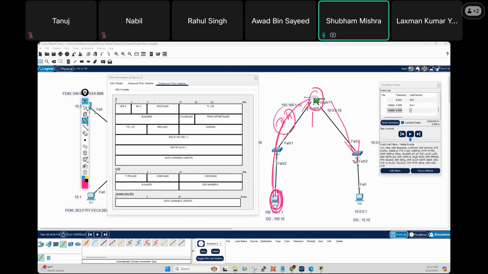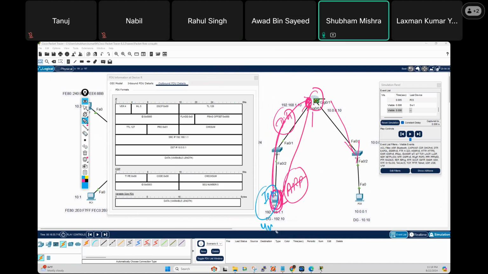Getting my point, everyone? Again, I am telling you. The first time you write the ping command, this PC generates the ARP packet. It is the responsibility of ARP to find out the MAC address of this interface and inform this PC. So this is the function of ARP. Now come to ICMP.